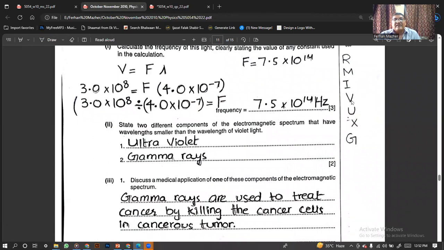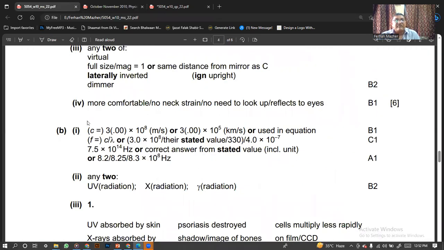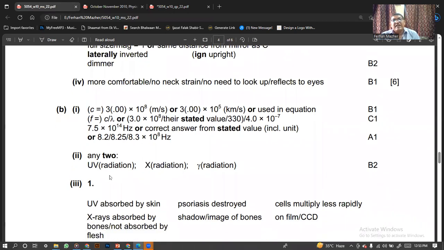Because the violet light is in the visible light, the electromagnetic spectrum whose wavelength is less than the visible light are ultraviolet, X-rays, gamma rays. So I have written here ultraviolet and gamma rays. We have UV light, ultraviolet, X-rays, and gamma rays.